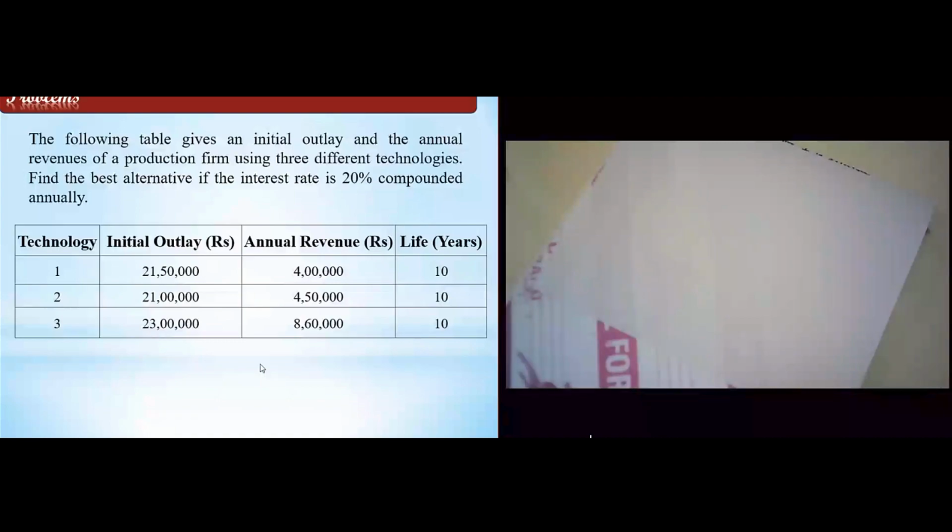Now you can easily use the concepts of time value of money to resolve these cash flows. I don't think you will have any difficulty.